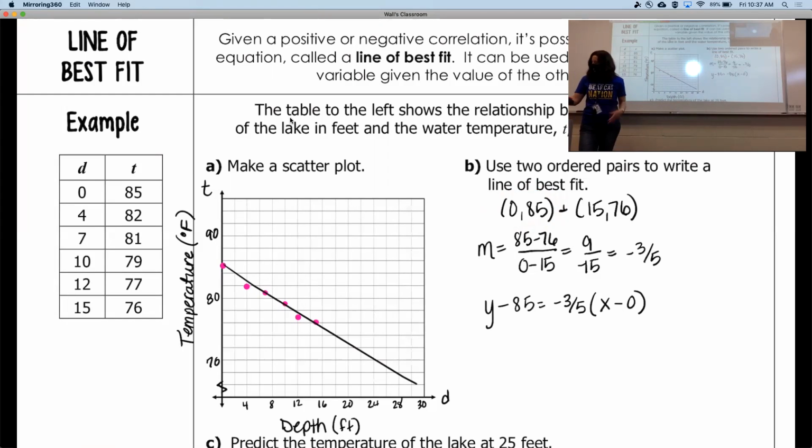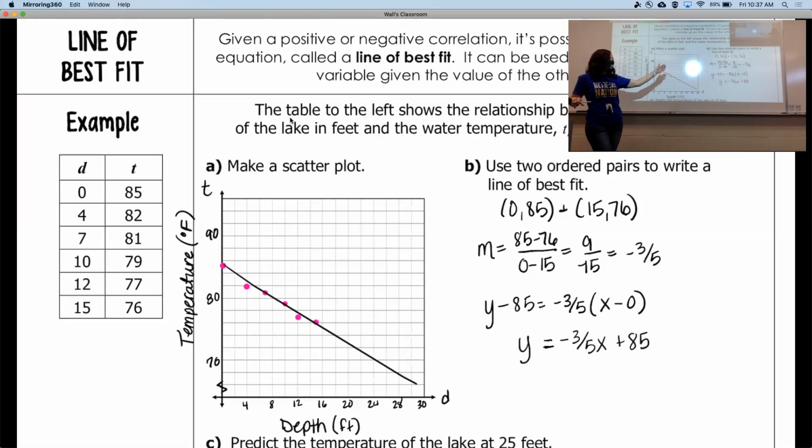And then if we were to do x minus 0, it would just be x. So we can simplify this. That would be negative 3/5 x. And if I move 85 to the other side, it would be plus 85. So our equation becomes y equals negative 3/5 x plus 85. So this is the equation of that line. Now, it's important to note that this line is not a guaranteed relationship.